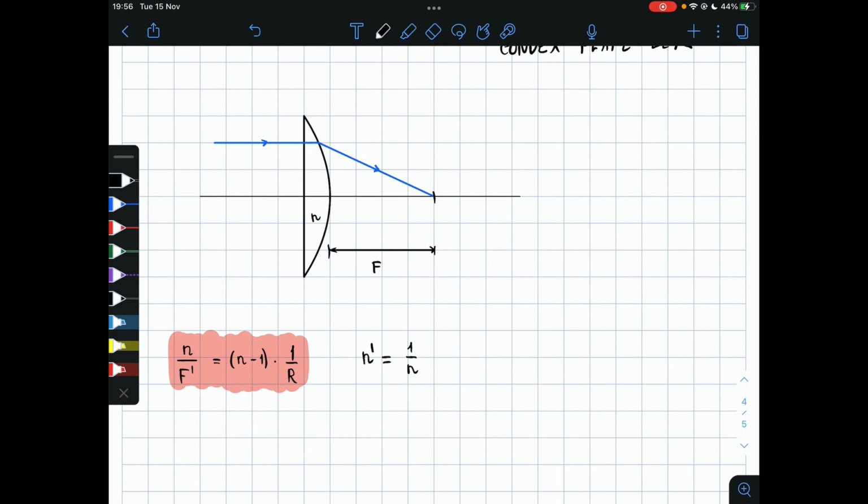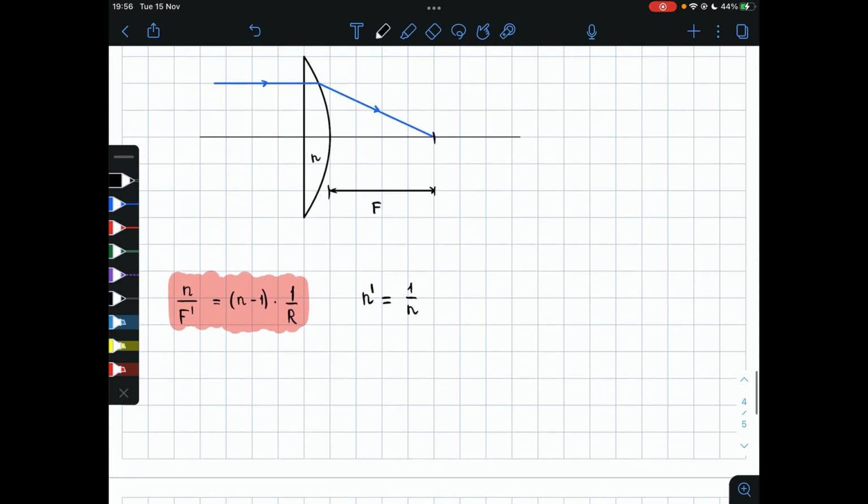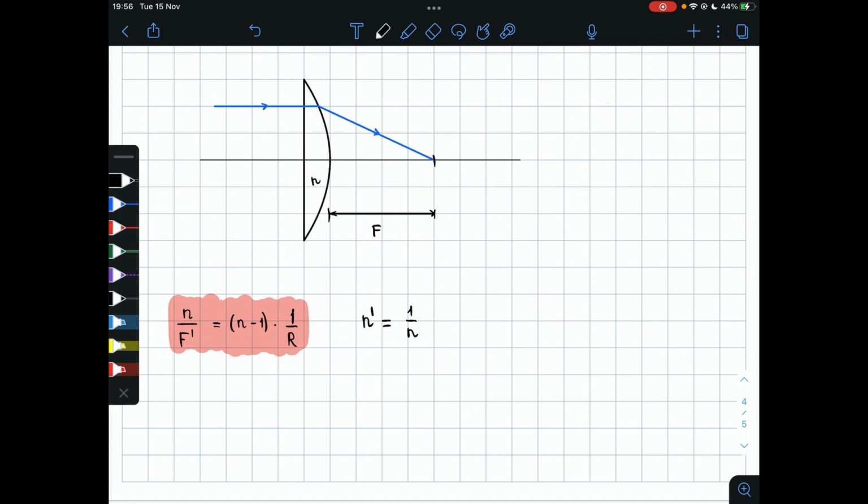We will use n prime because our light is moving from the medium that has a greater index of refraction than the second medium. Because of that, we will use 1 divided by n. f prime will be just our focal length, just f.